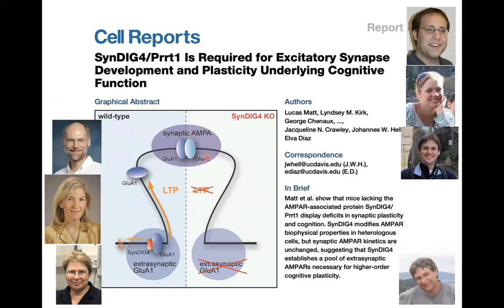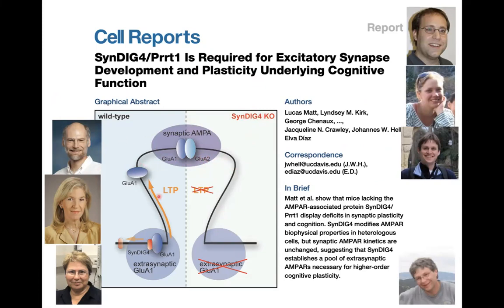So I'll give you a little bit of the highlights. In molecular biology, when you have a molecule and you want to test how it's impacting your question of interest, in our case synapse function, you can generate a transgenic mouse in which the gene is knocked out.